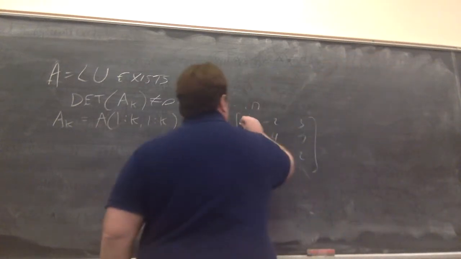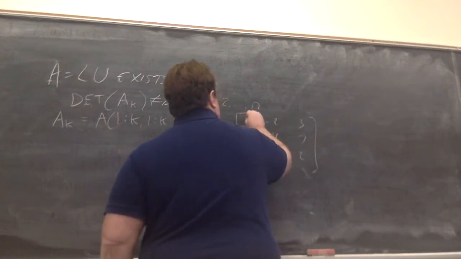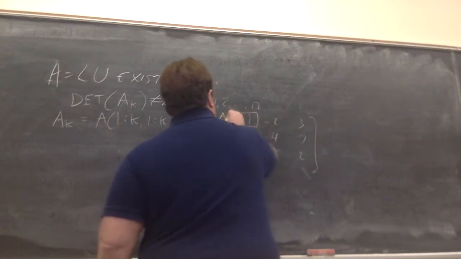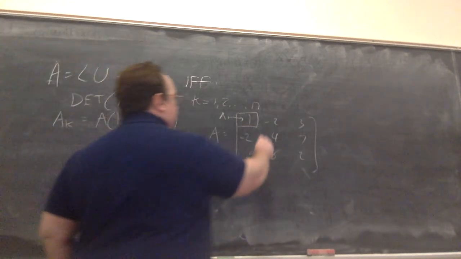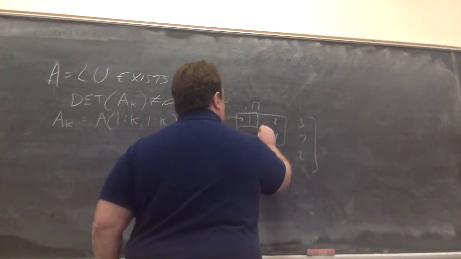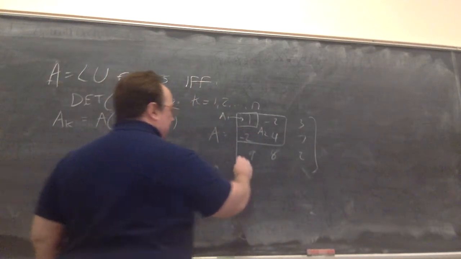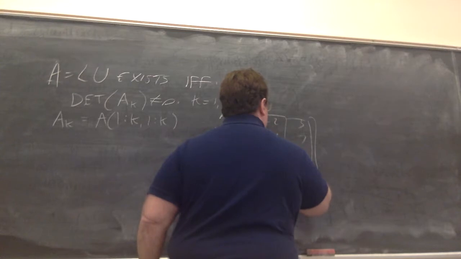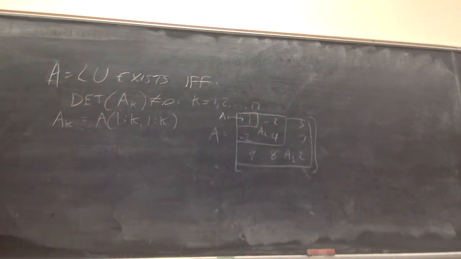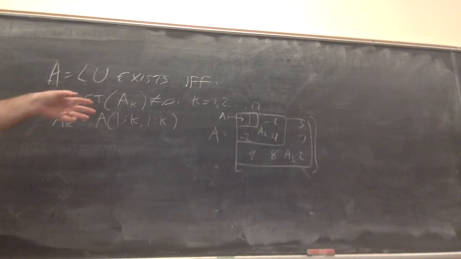Okay, so the first 1 by 1 entry by itself, that's A1. Then the upper left 2 by 2 block is A2, and then the next one would be A3. So each A_k consists of the upper left k by k submatrix. So you're going to have n of these, so in this case A3 is the whole matrix.